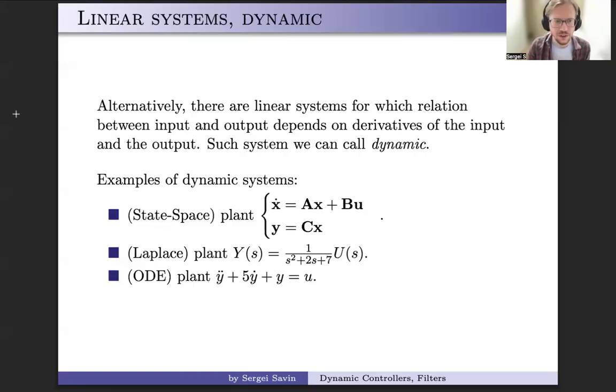If you start pushing on the system on U, but your X initially is 0, you're not going to get any output. Your output is going to be 0. It's only when you push for a while that the system picks up through this derivative and it starts to respond to your push, right? So if you started to push backwards, like a millisecond later, there would still be no time for X to react. So you would still have no output.